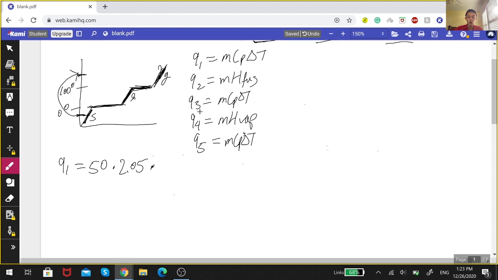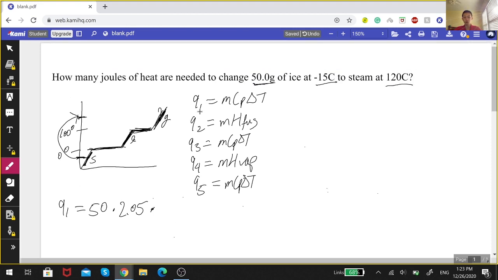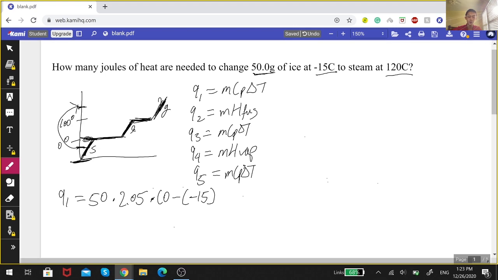Times our temperature change. And since we're only looking at this little range over here, final is 0, 0 minus -15, because it stops at 0 degrees, because that's where the solid part ends. So we're going to use this formula for Q1.